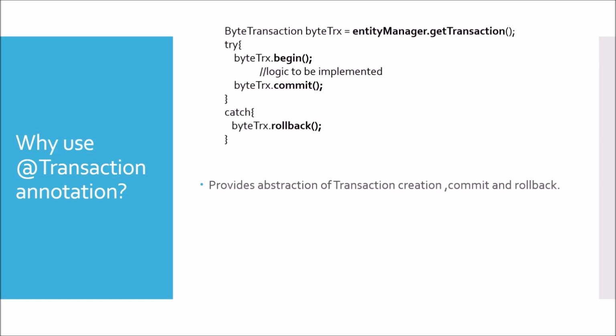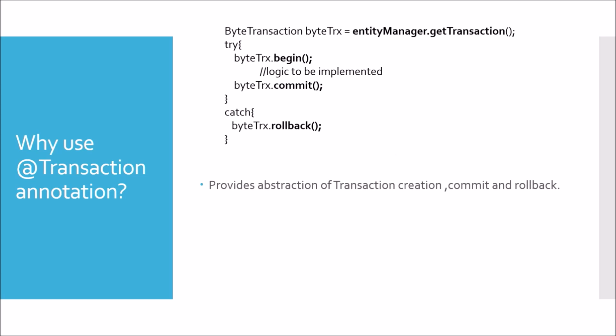So if you see the text in bold, that is getTransaction, begin, commit and rollback, all this boilerplate code that is used for the creation of the transaction, commit and rollback based on failure, is provided to you by @Transactional itself. So on a method, just use @Transactional and everything that is done by these steps will be available to you.